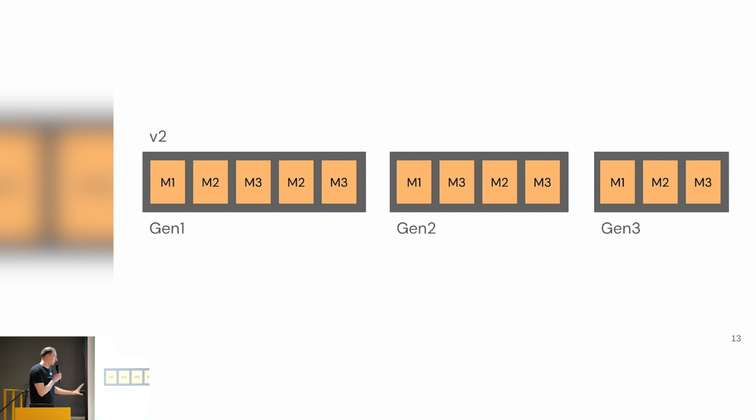But for us, what is important is that there are multiple generations, and this guarantees that once in a while, we know that any event must be here, and an old event cannot be in the next generation.